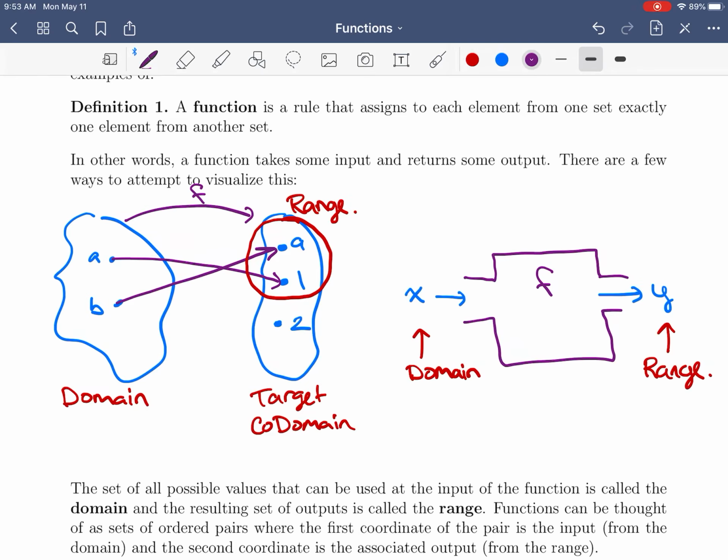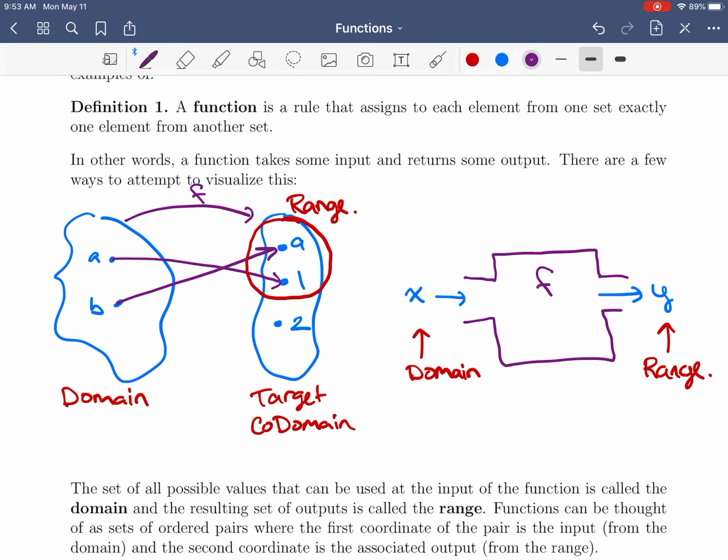You might be saying, how does this relate to functions that we are used to, like with equations? We're going to get to that. Like I mentioned, the set of all possible values that can be used as inputs is called the domain, and the resulting set of outputs is called the range. You can think of a function as an ordered pair. The first coordinate is your x from the domain, and the second coordinate is where x is sent.